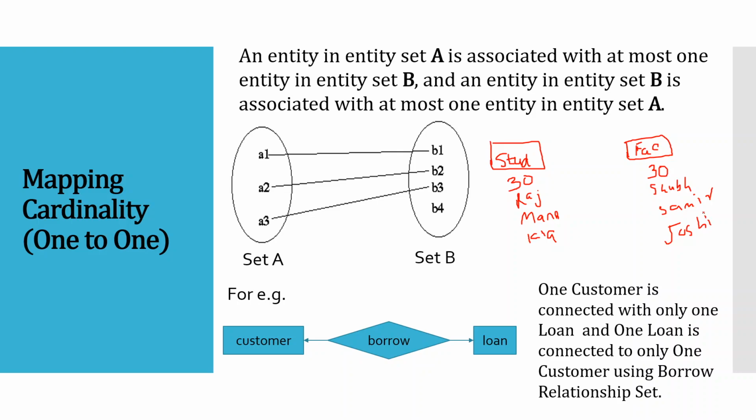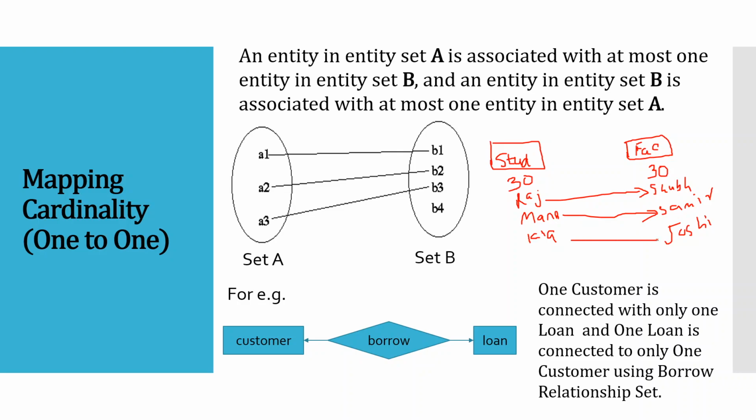So what does this mean? One-to-one mapping cardinality means Raj is connected with Shubh sir only. That means Raj is learning only from Shubh sir. He is not learning from Samir sir or Joshi sir. Similarly, Man is learning from Samir sir only, not from any other faculty.